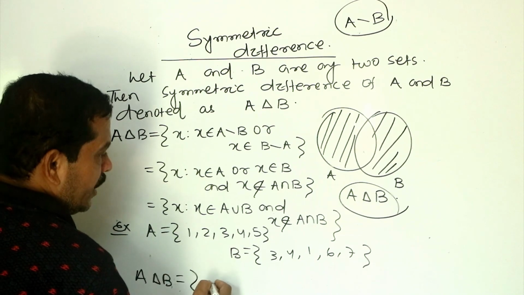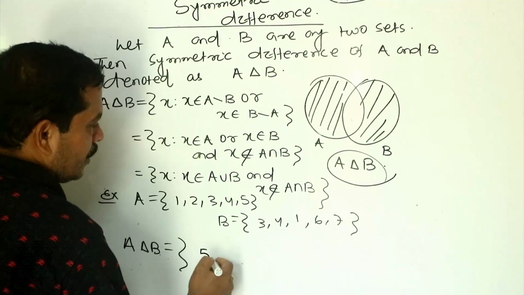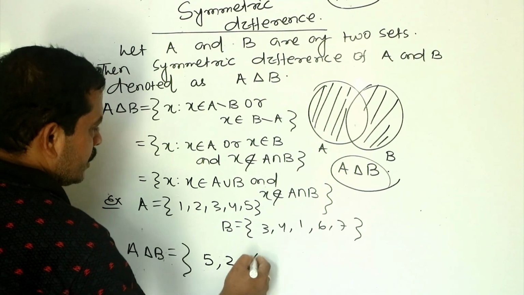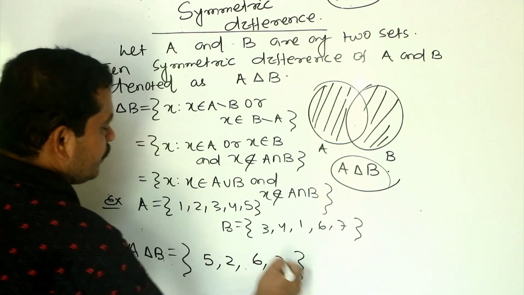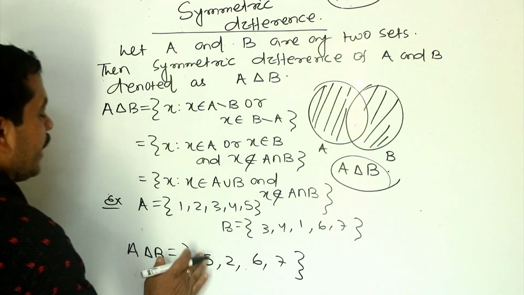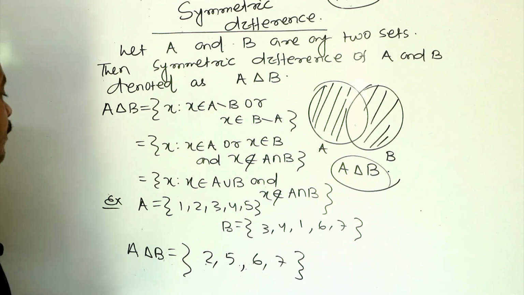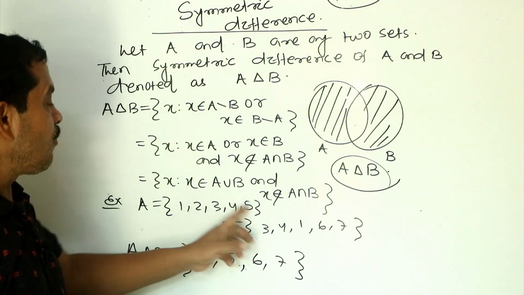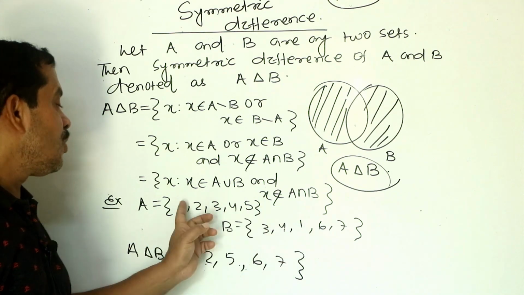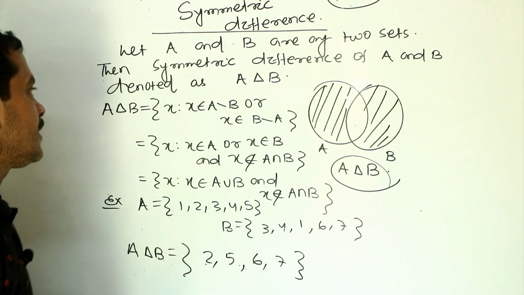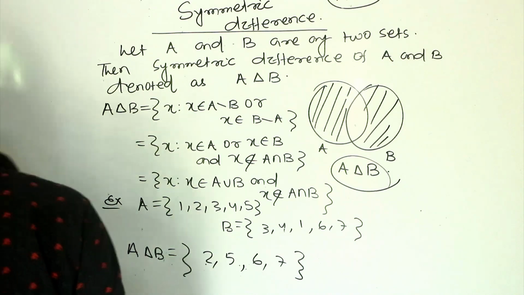Then we have 5, 2, 6, 7, or we can write 2, 5, 6, 7, because 3 is in both sets, 4 is also in both, and 1 is also in both. So this is the symmetric difference of A and B.